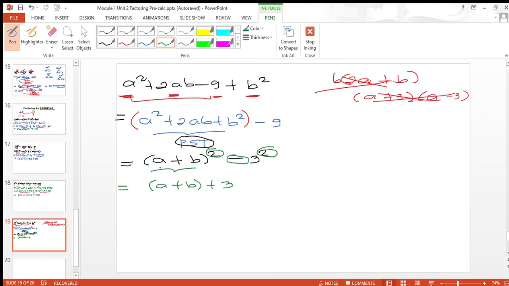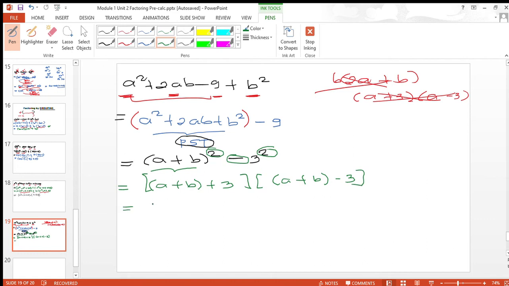Remember our formula? First term squared minus second term squared. The factored form of that is first term plus the second term, multiplied by the first term, which is a plus b, minus the second term, which is 3. So that's a difference of two squares.